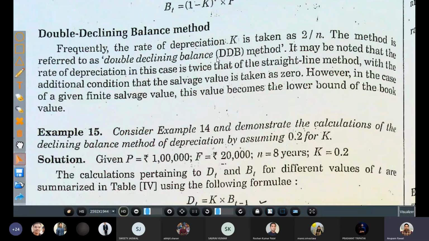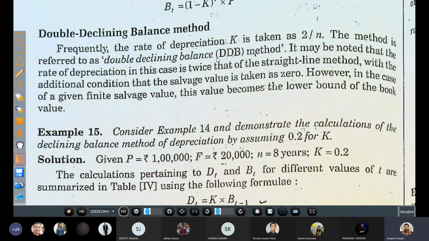The difference is that the rate of depreciation is taken as 2 by N. This method is referred to as the double declining balance method, and it may be noted that the rate of depreciation in this case is twice that of the straight line method, with the additional condition that the salvage value is taken as zero. However, in the case of a given finite salvage value, the value becomes the lower bound of the book value.